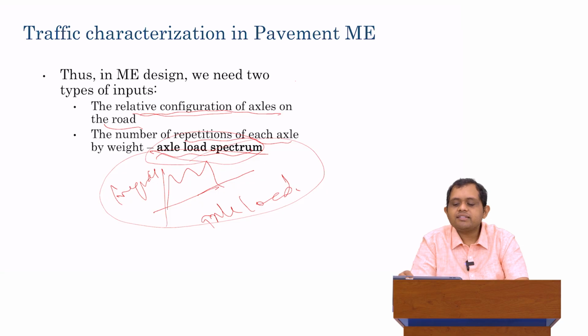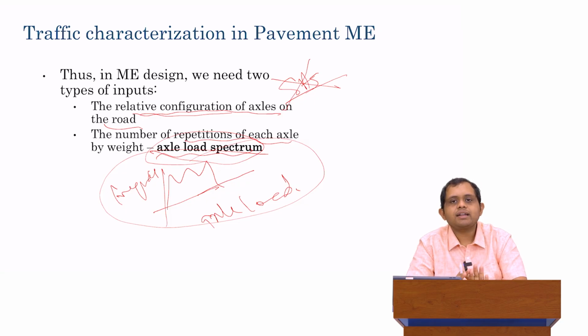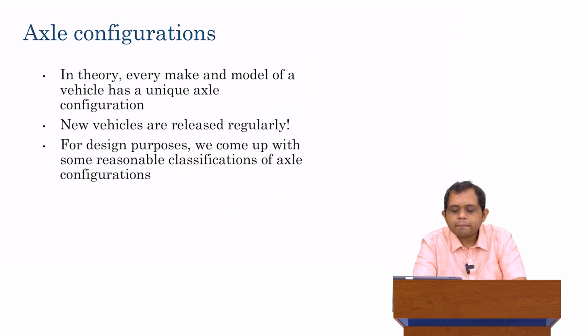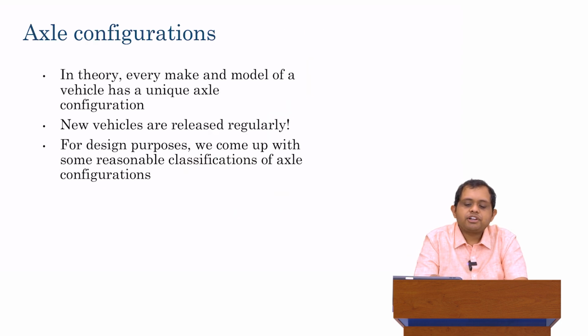You will notice that standard axles, both in the US as well as in India, are not used in mechanistic empirical design of rigid pavements. It's still used as an administrative concept because it's an easy way to characterize traffic, but it is not widely used in design.